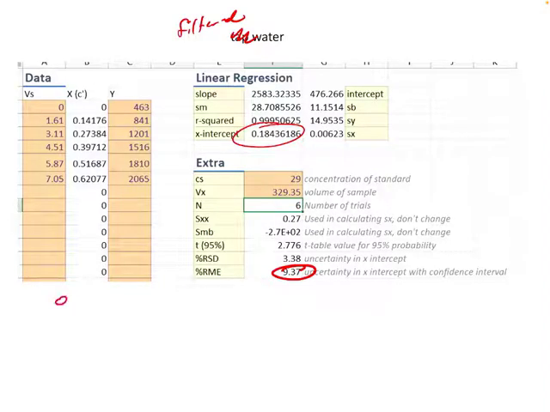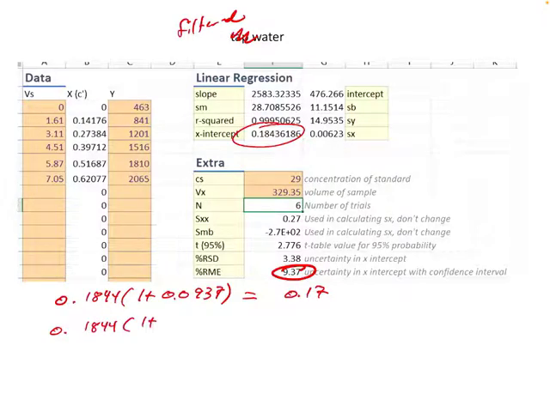Again, 0.1844, 1 plus, and that gives us a result of 0.17. Oops, I'm sorry, this was a minus sign right here, and this is a plus sign right here. And that gives us 0.20. So we've got the ranges for the 3 values.